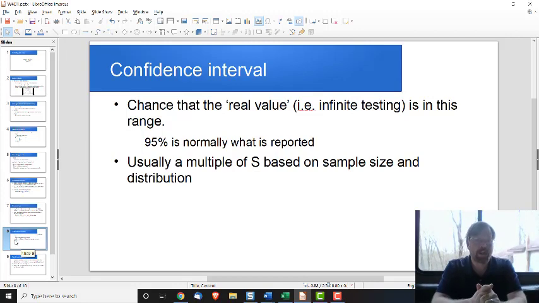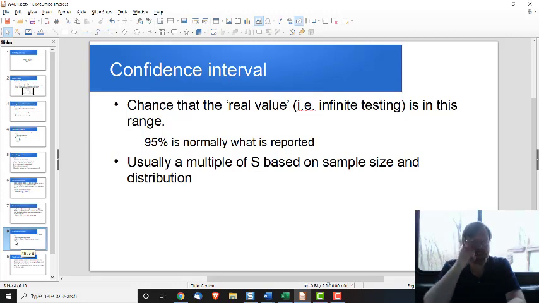Usually you report the confidence interval for a 95% range, so if they tell you that the value is 10.0 plus or minus 0.5, usually that's implying there's a 95% chance that any measurement would be within that range.